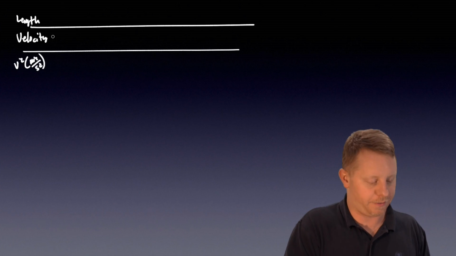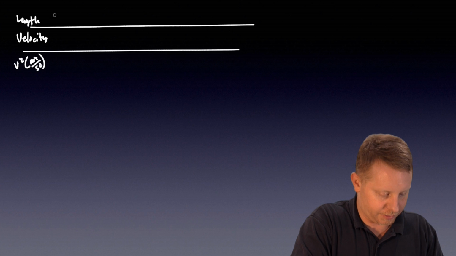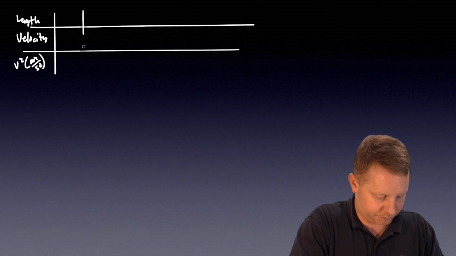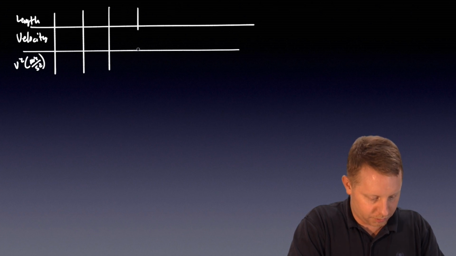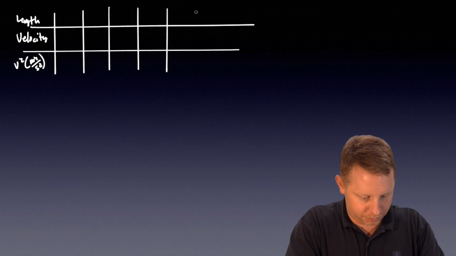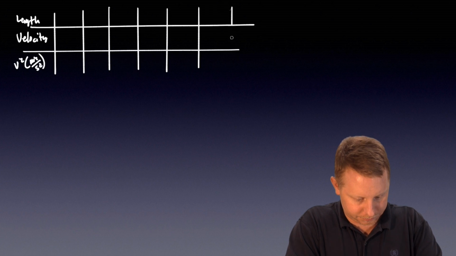The first two are already filled in for you, so we're just going to fill in the blanks down here. How many do we need? 6 of these? 2, 3, 4, 5, 6.